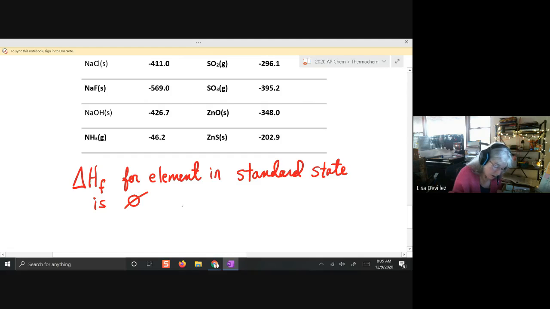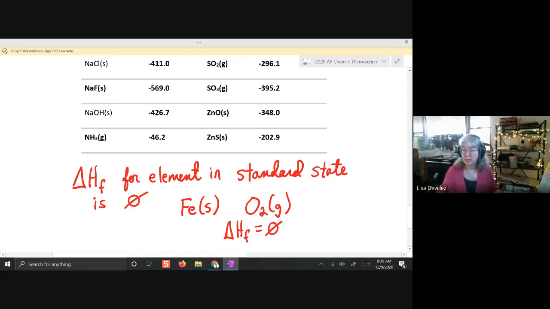So say, for example, iron as a solid, or oxygen as a gas, their delta HF is going to be zero, which is good to remember, because in some problems that involve elements where you're trying to find its enthalpy, they'll leave that out. It'll be assumed that you know that has a value of zero.